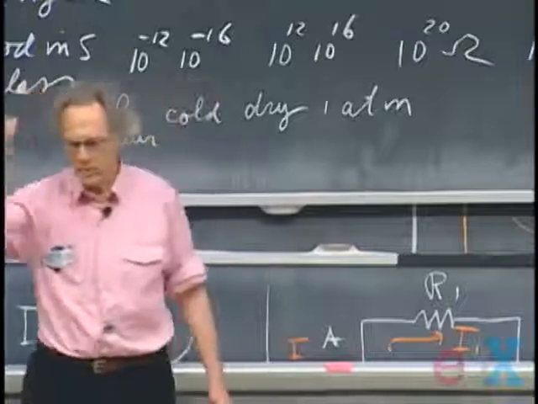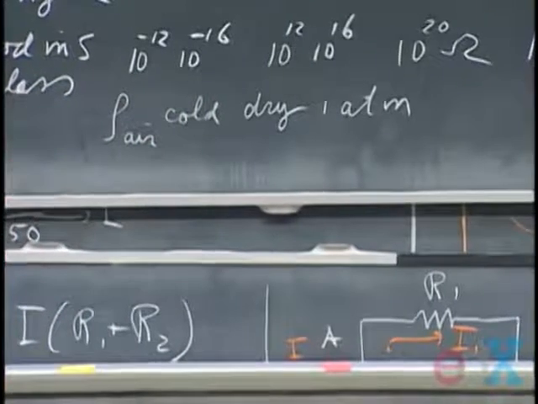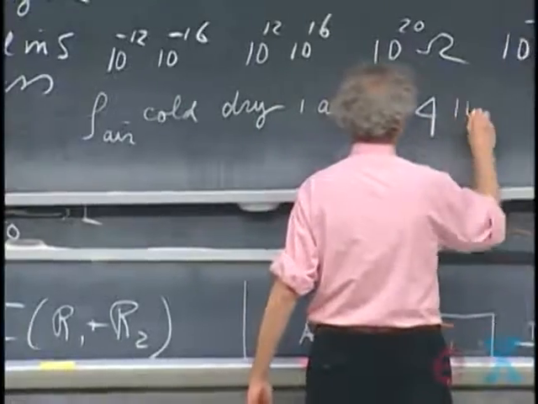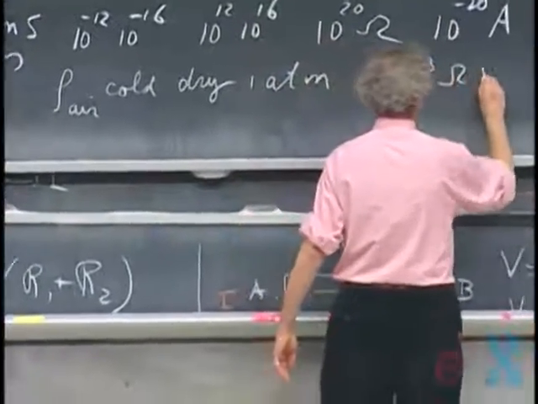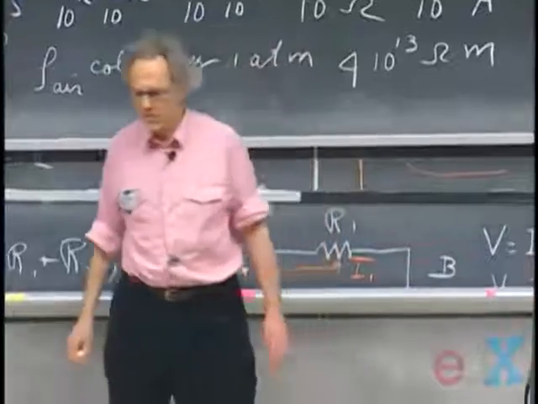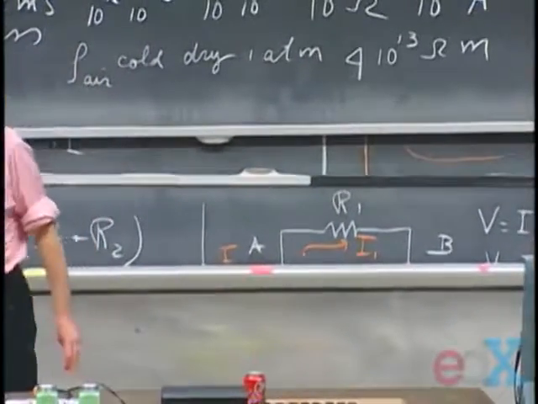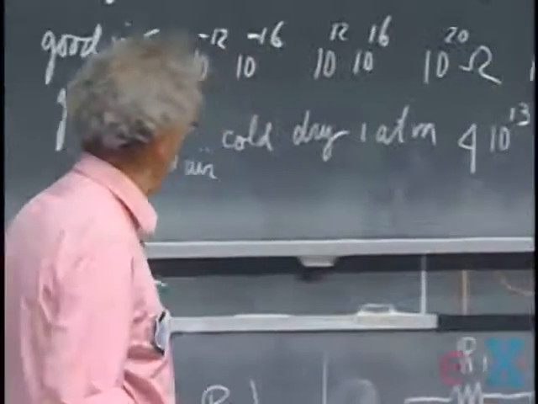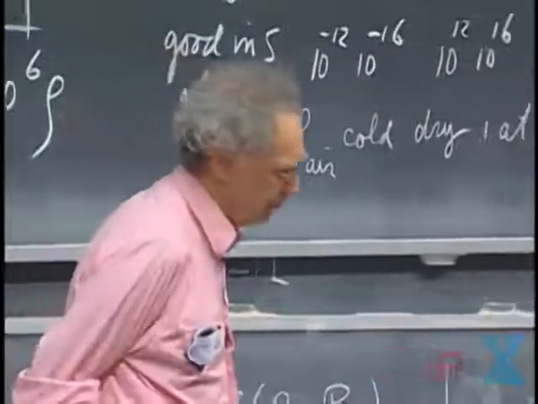Cold means temperature that we have outside. It's about 4 times 10 to the 13. That is the resistivity of air. It is about what it is in this room, maybe a little lower because the temperature is a little higher.